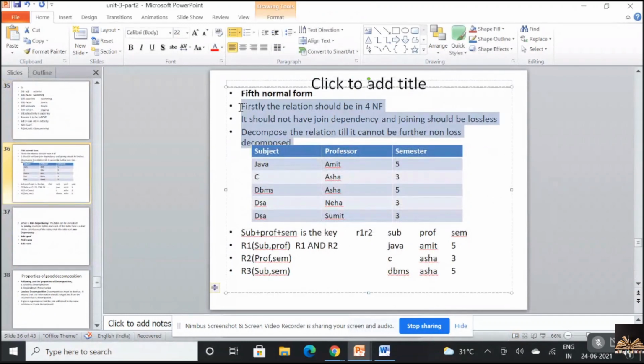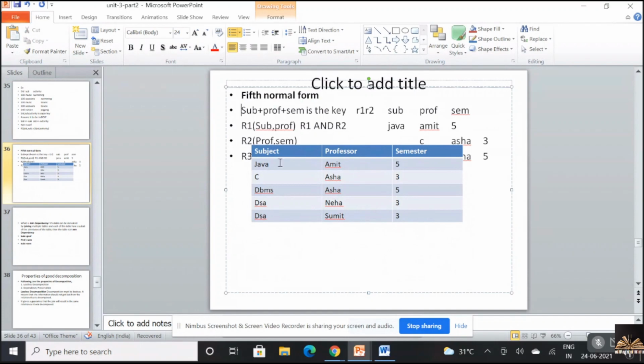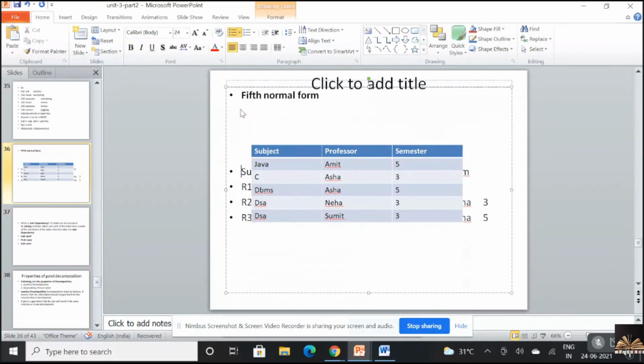I'll just remove this one so that I can push the table to the top. One minute, ma. Sorry.